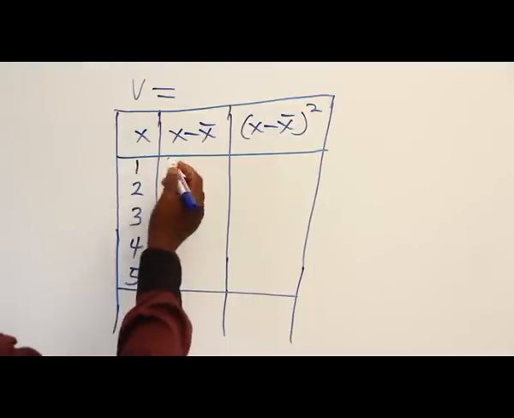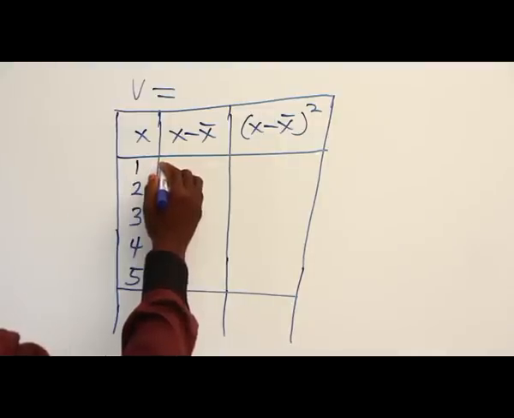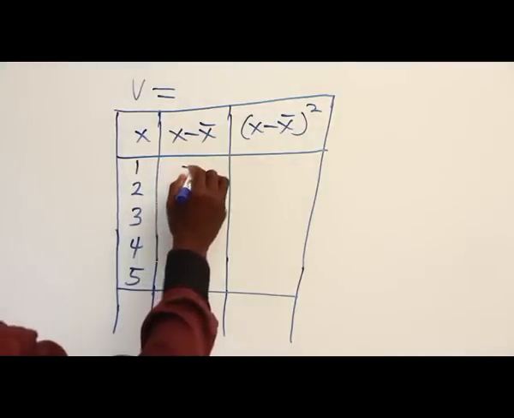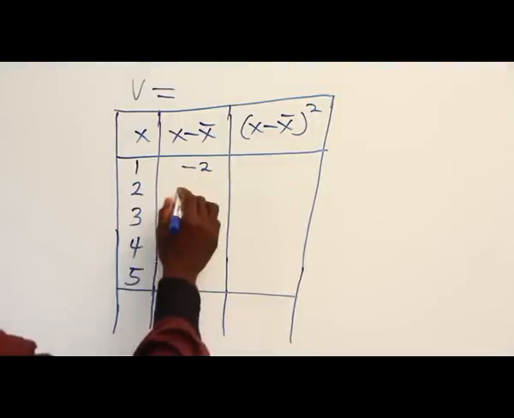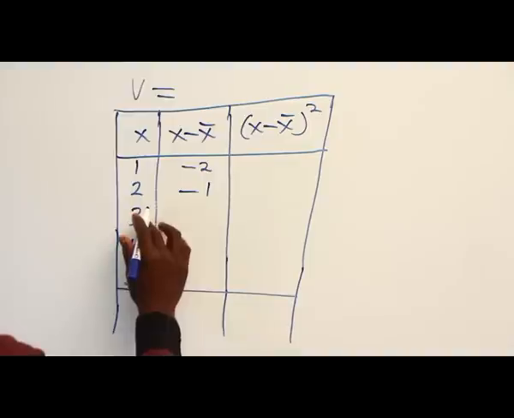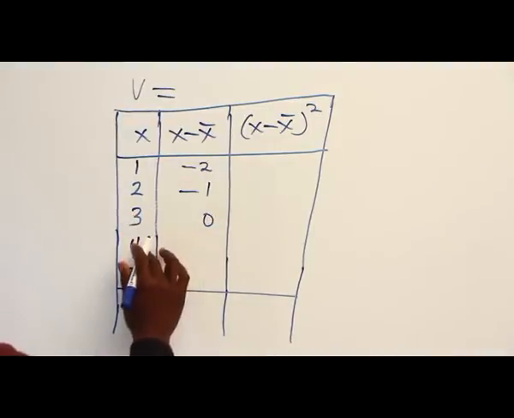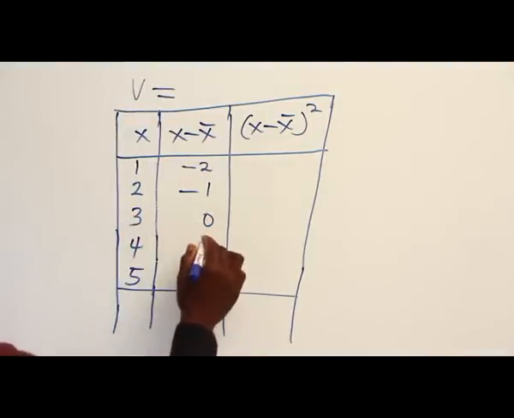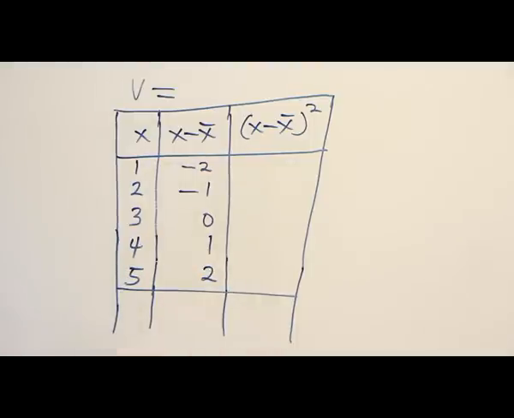So 1 minus 3 will give us minus 2. 2 minus 3 will give us minus 1. 3 minus 3 will give us 0. 4 minus 3 will give us 1. 5 minus 3 will give us 2.